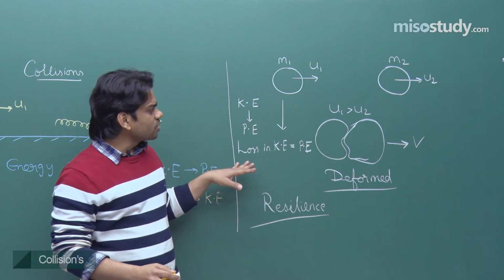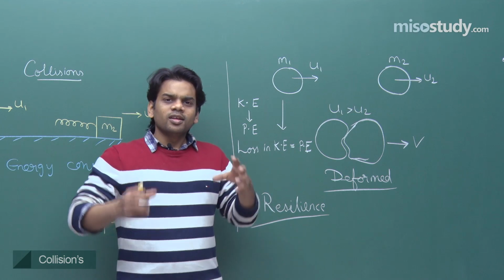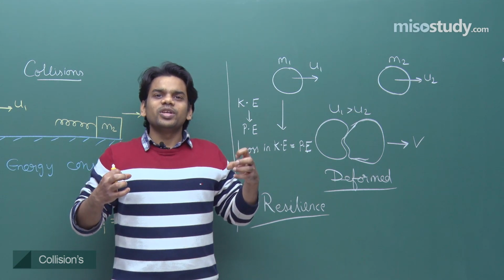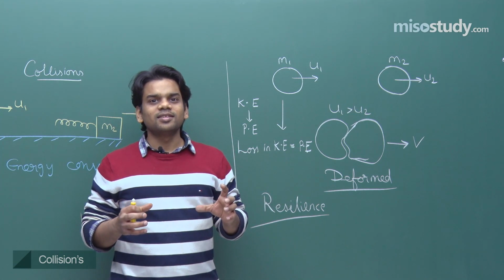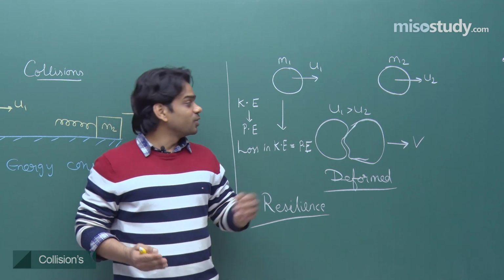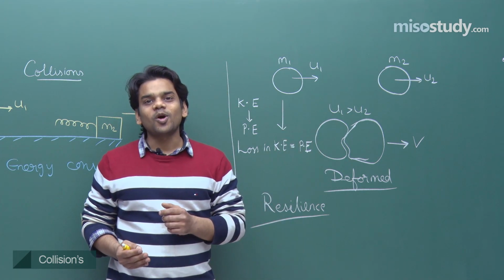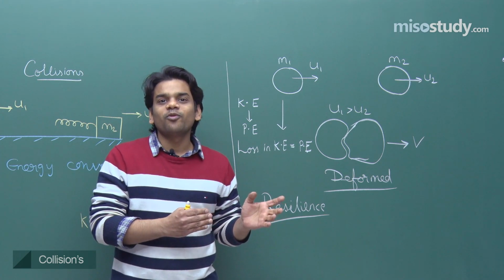Next, what happens? It tries to regain its original shape and size, that's original structure. So all the potential energy which was stored in these two objects will appear in the form of final kinetic energy.